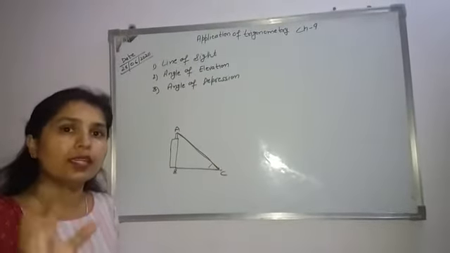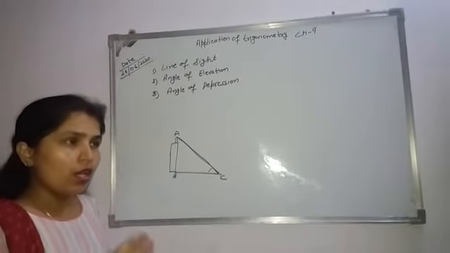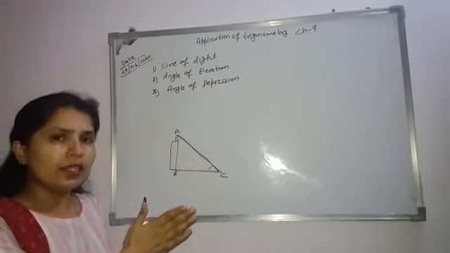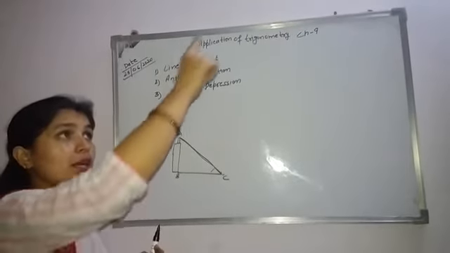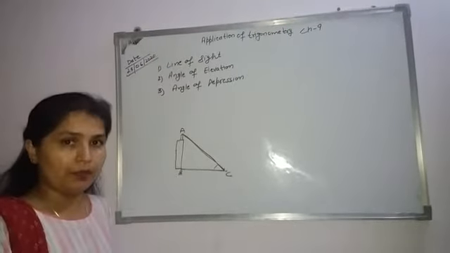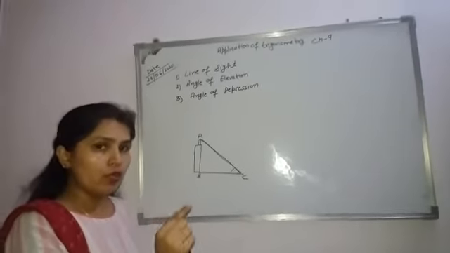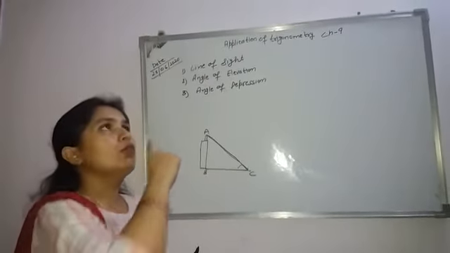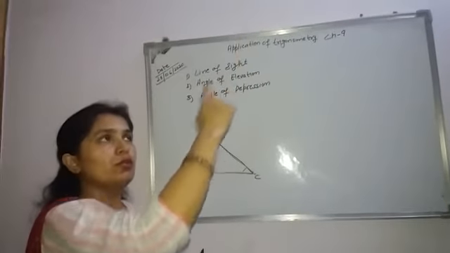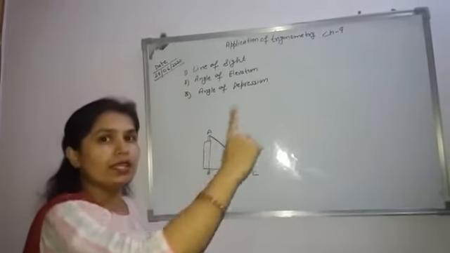Now what is the angle of elevation? Suppose we are standing here on the ground and we want to see something on the top of the building. It means when our head is up and we want to see something, in that case there is a line of sight.